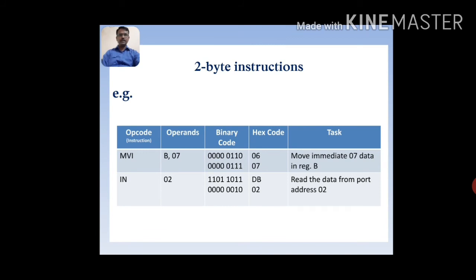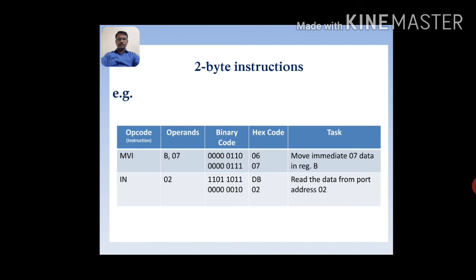In binary one can write 0000 0110, and the 8-bit data 07 is 0000 0111. So this instruction will require 2 bytes to specify. First byte 06 is for the opcode and second byte for the 8-bit data.